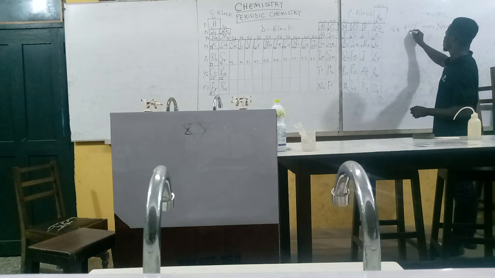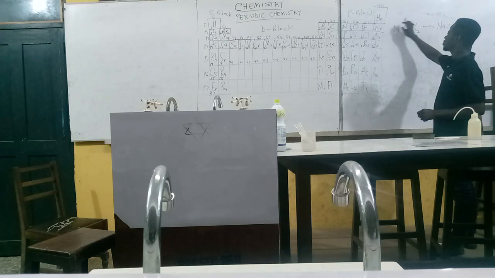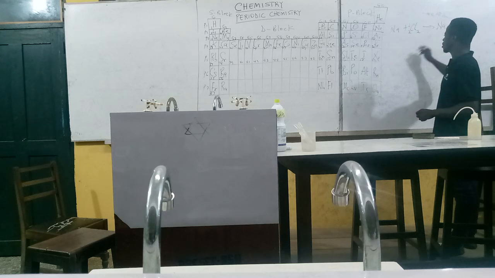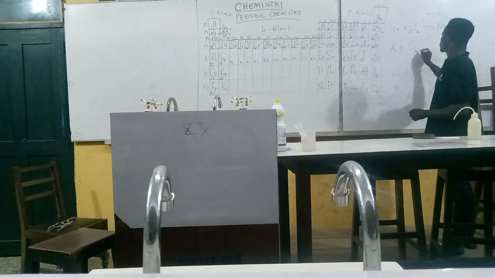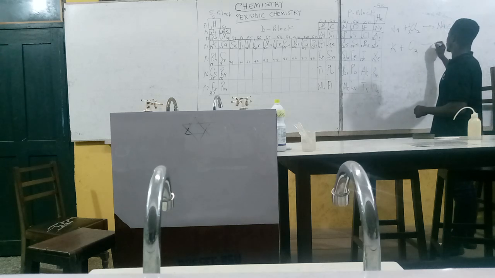So you can see from here, this is from group 1 reacting with any of the non-metals to form this halide, this salt. It can form something like this, reacting with any of the non-metals here to form potassium oxide. So from here, you can see clearly that this is 2.